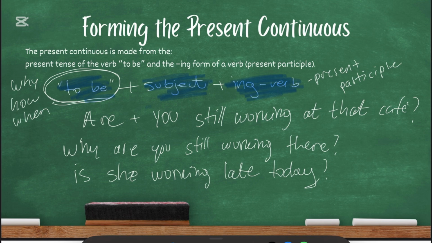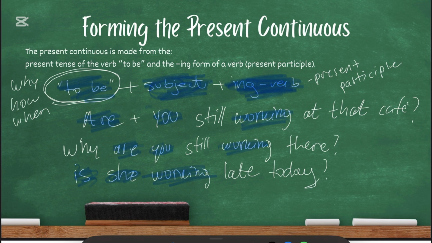Okay, to be: are, is; subject: you, she; and a main verb in its present participle form, working. This time I used the same verb for all the examples.